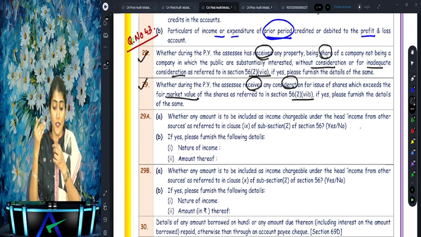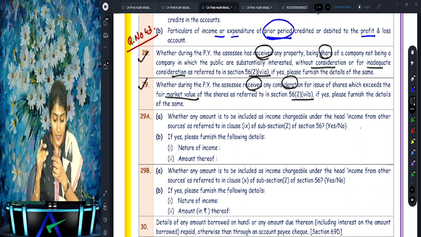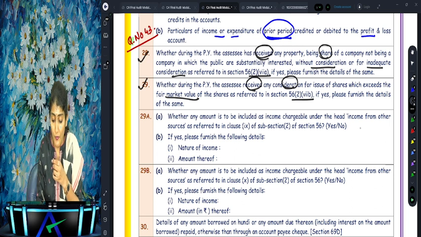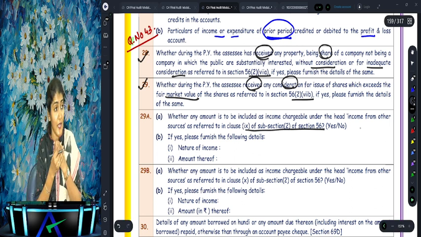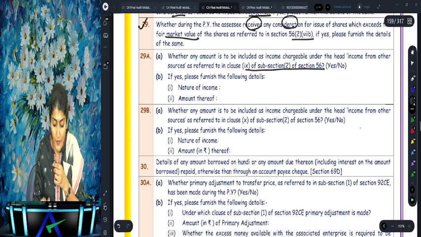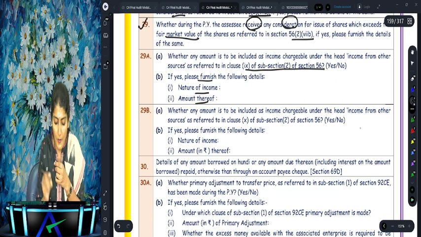If yes, please furnish the detail. And then 29A, what does it say? Whether any amount is to be included as income chargeable under the head IOS under 56(2)(ix). What is 56(2)(ix)? Forfeiture of advance received towards the transfer of a capital asset. And then you have, if yes, please furnish nature of income and the amount thereof.